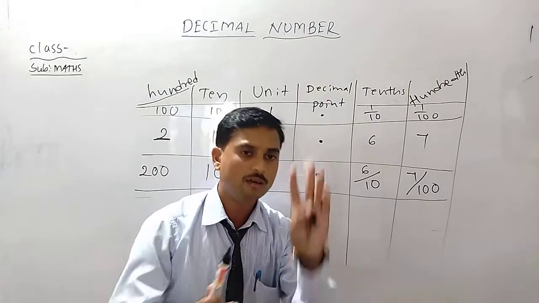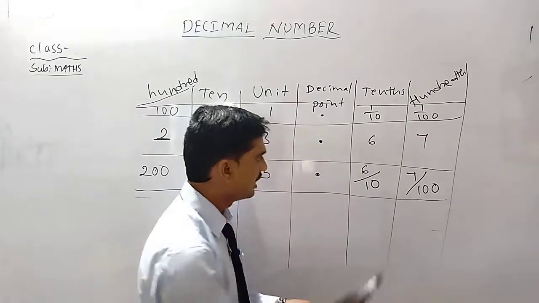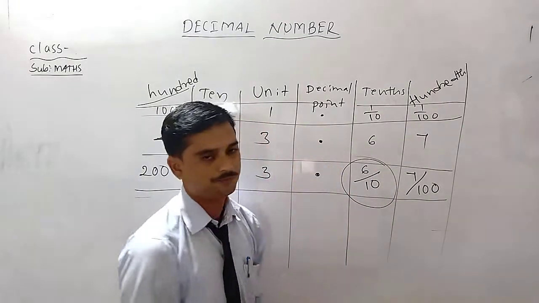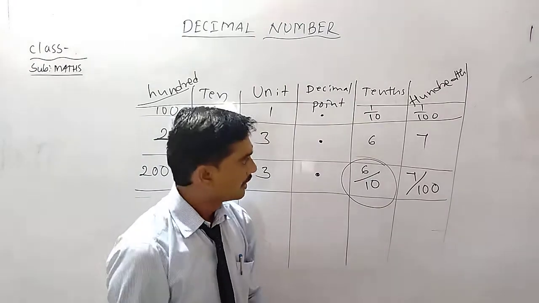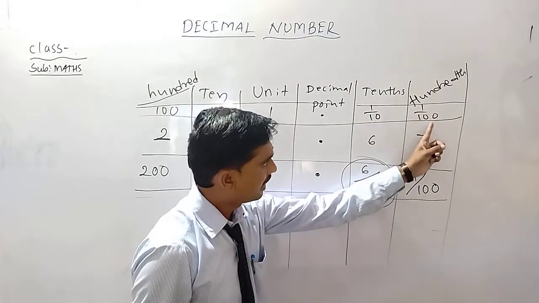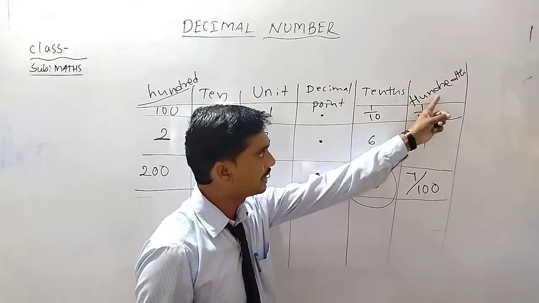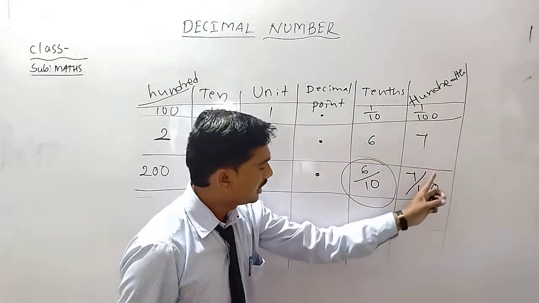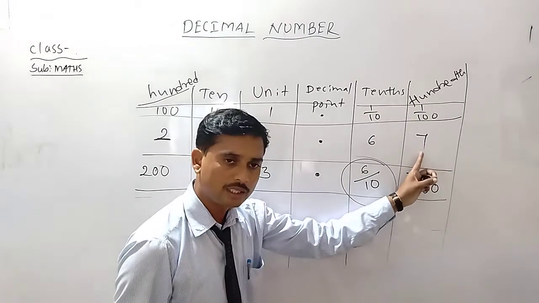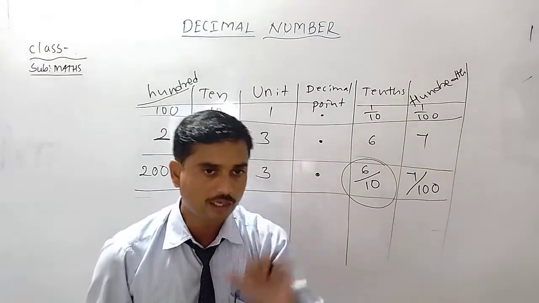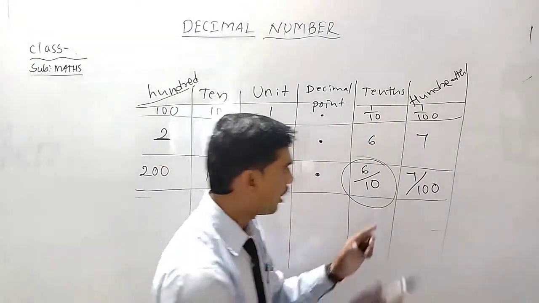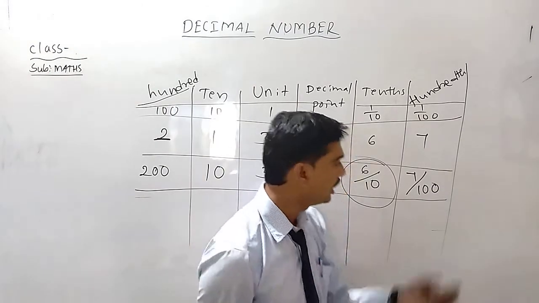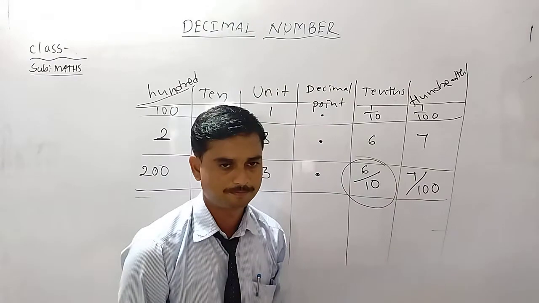That's why I wrote 6 by 10. Then the hundredth place value is 1 by 100. Out of 100 apples, I selected only 7 apples.